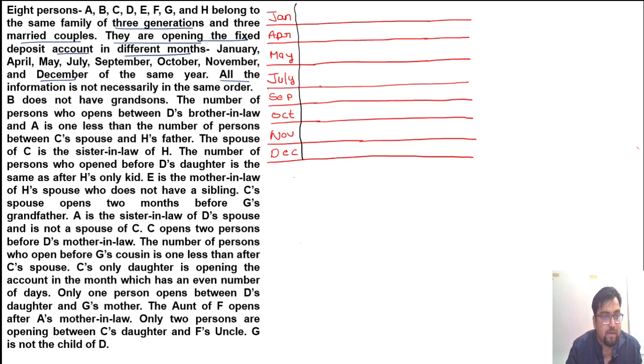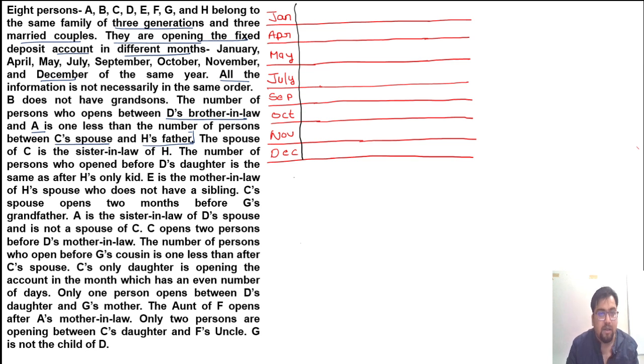The number of persons who open between D's brother-in-law and A is one less than the number of persons between C's spouse and H's father. But what will you derive from this line? There must be H's father, there must be C's spouse, and C's spouse never defined the gender, and there must be D's brother-in-law. These 3 points you can keep in your mind.